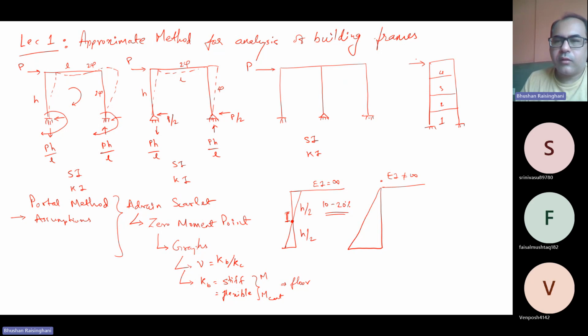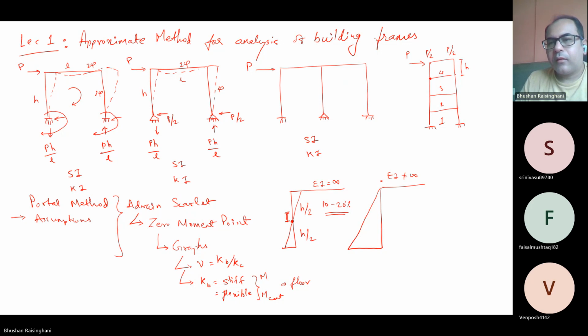So this is the force P. This is the story height H. In this particular case, P by 2 will be on this frame and P by 2 will be on this frame, right? So that way, P into H by 2 will be the moment at this point.